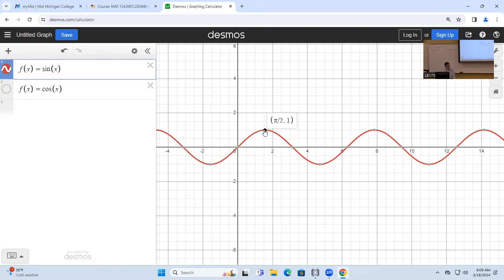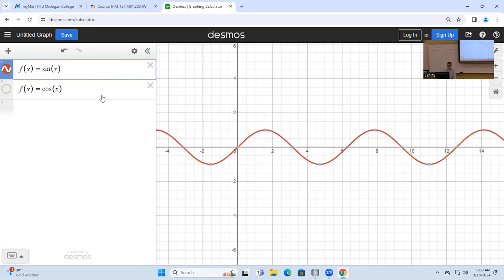It's 1 at pi over 2, and 3 pi over 2 is -1, 5 pi over 2 is +1, right? Odd number times pi over 2 either gets you to positive or -1. Okay. It crosses the origin, and then every time it hits the axis, it's at pi, 2 pi, 3 pi, 4 pi. You can see all of those.